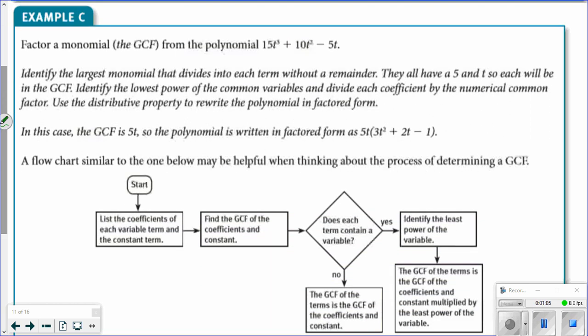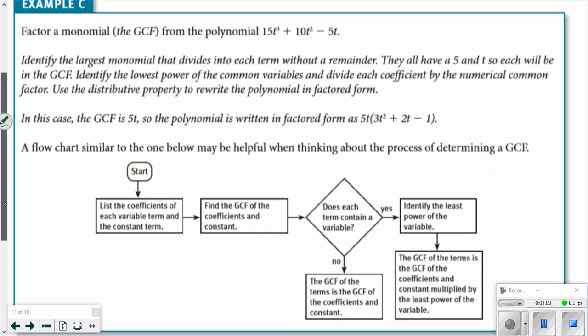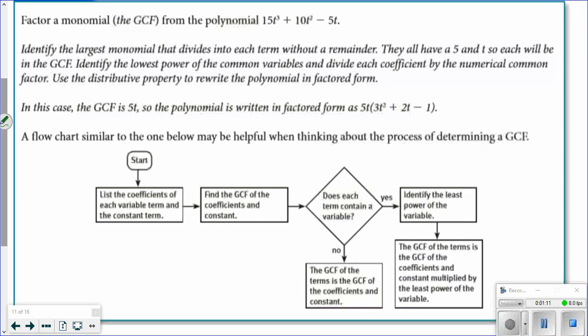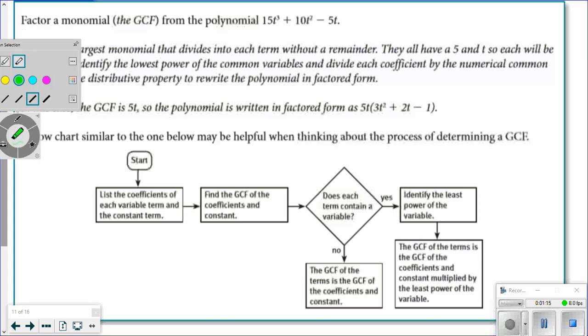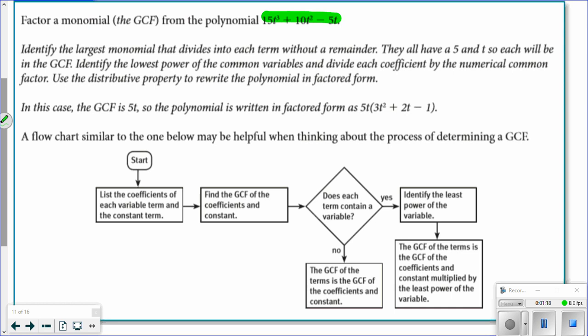Example C kind of has a flow chart for you. So if I'm looking at 15t cubed plus 10t squared minus 5t, we want to find the largest number that divides into each term without a remainder.